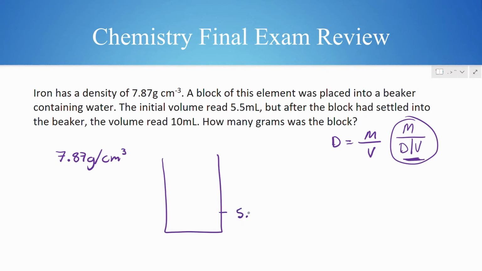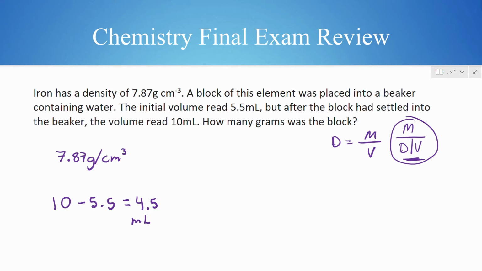And then the block settled into the beaker, and then we went to 10 ml. So this difference right here is going to be the block's volume. So what we need to do here is subtract and do 10 minus 5.5, which is equal to 4.5. And this will be in the unit of milliliters.